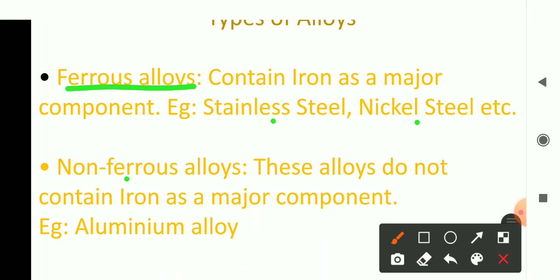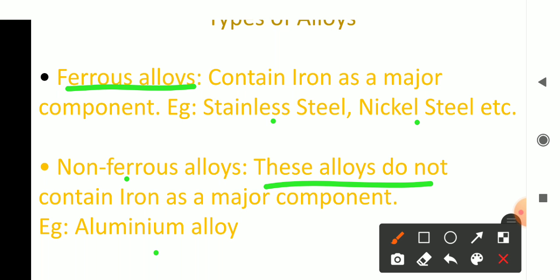It is just the opposite term to ferrous alloys. In the case of ferrous alloys, the quantity of iron content is very large, whereas in non-ferrous alloys, the quantity of iron content is very, very low. So non-ferrous alloys do not contain iron as a major component. The example is aluminium alloy.